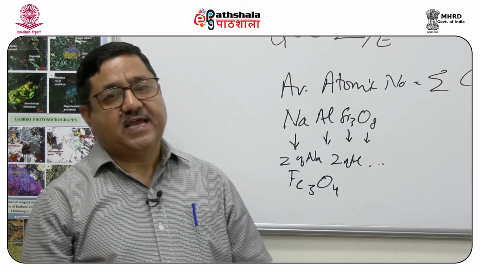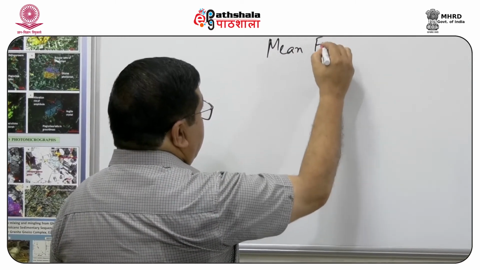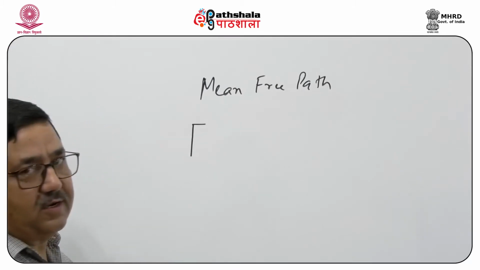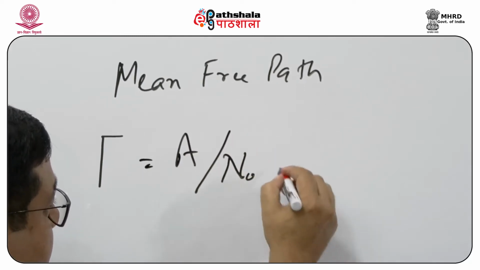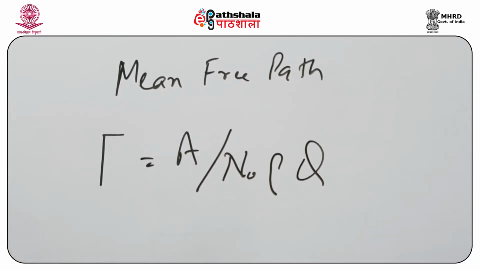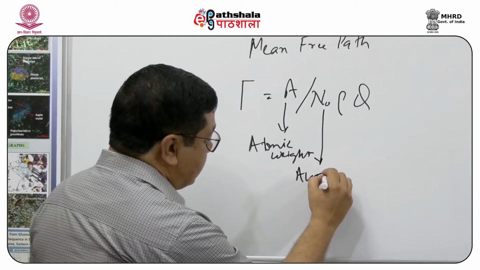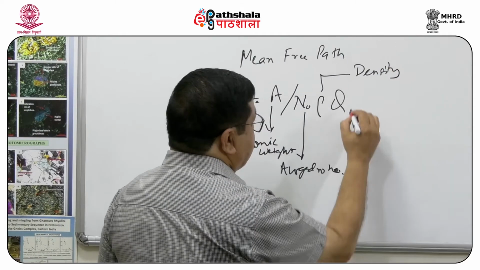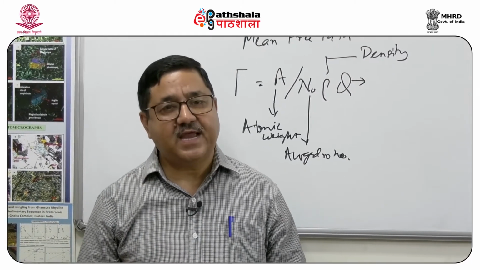Each of these events can be described by an equation like this: mean free path, expressed as gamma, the mean free path, equal to A divided by N0 rho Q. In this, A represents the atomic weight, N0 represents the Avogadro number, rho represents the density, and as we learned earlier, Q represents the cross section of the incident electron beam expressed in terms of area.